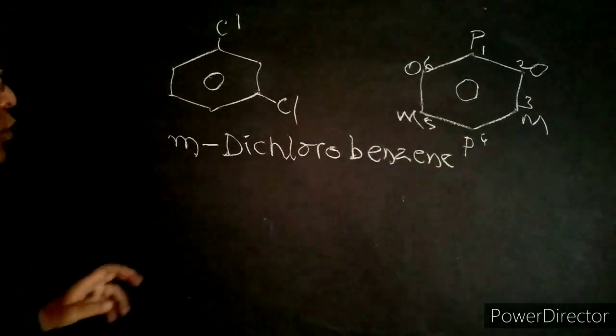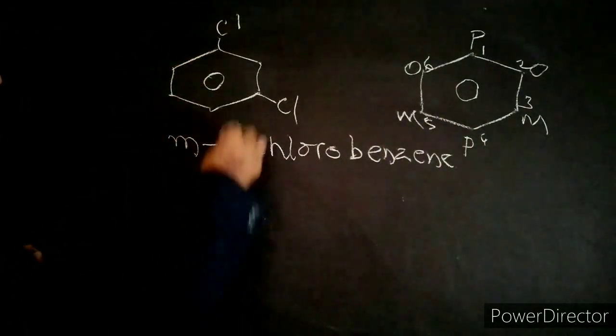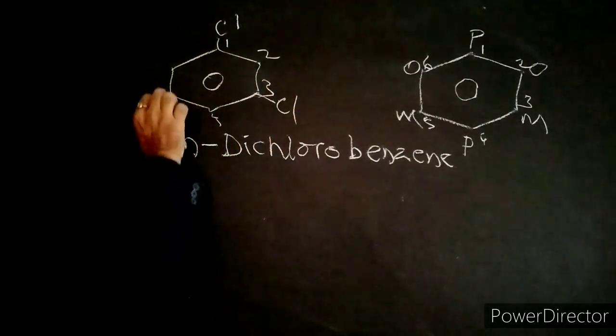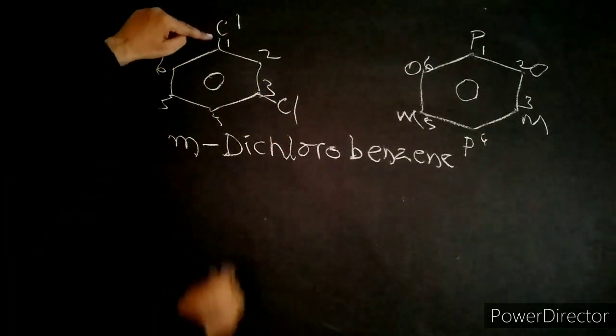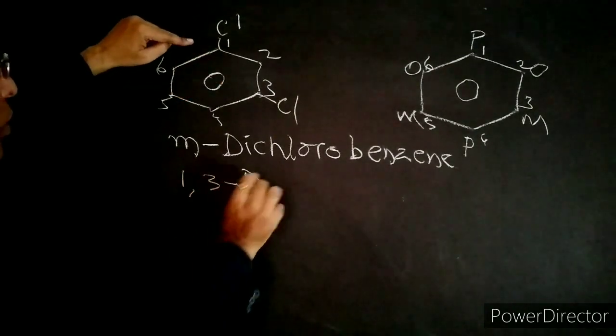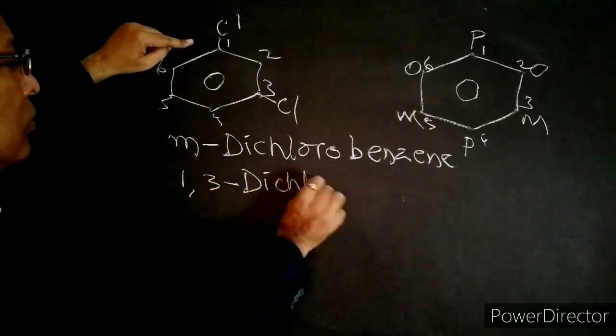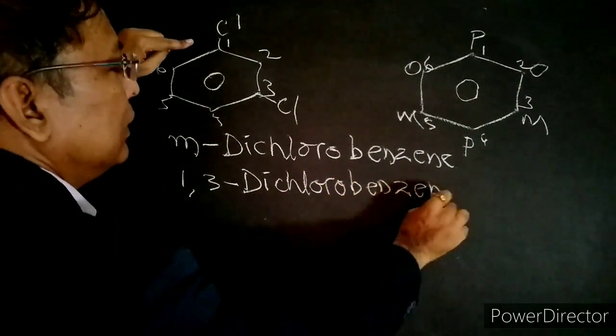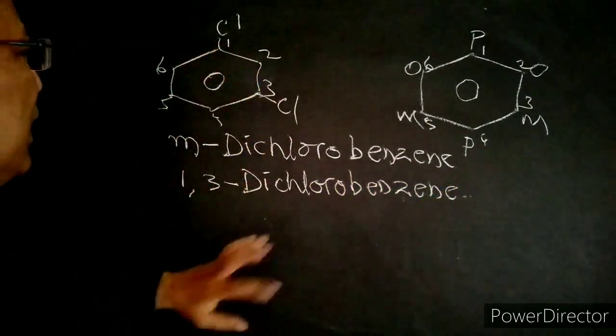If we want to write the IUPAC name of this, we have to number 1, 2, 3, 4, 5, 6. So 1,3-dichlorobenzene. This is the IUPAC name of this compound.